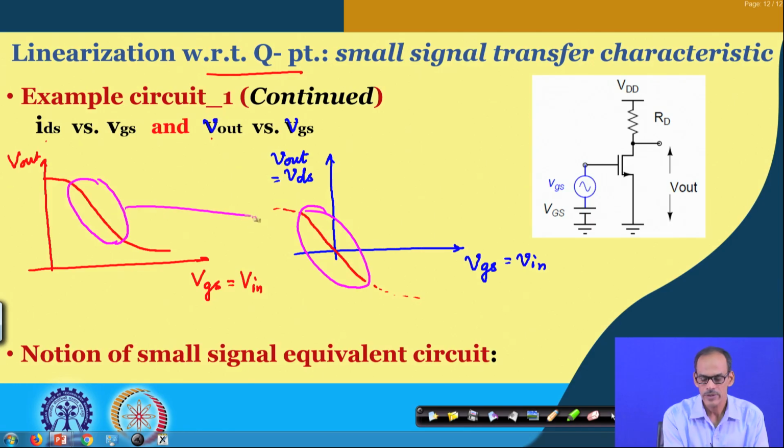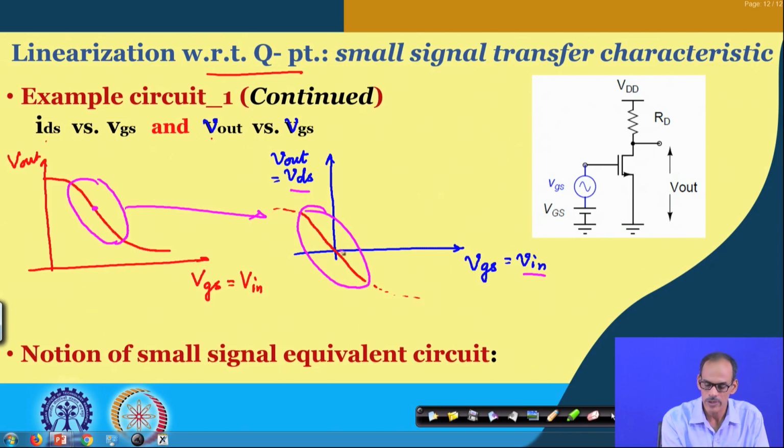Whenever we get this small signal transfer characteristic curve, we are basically getting a new input output transfer characteristic curve, and this curve may be obtained by simplifying this circuit through an equivalent circuit, where of course, we can suppress the DC part or the quiescent part.